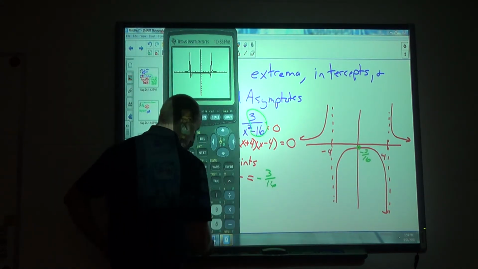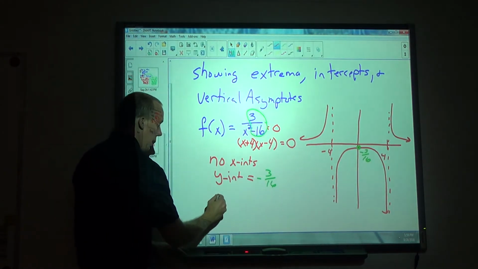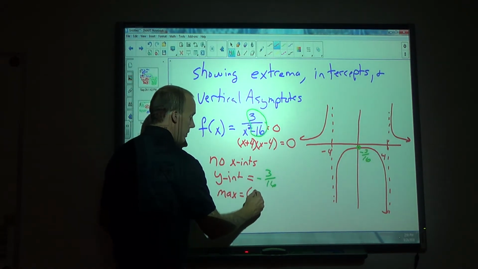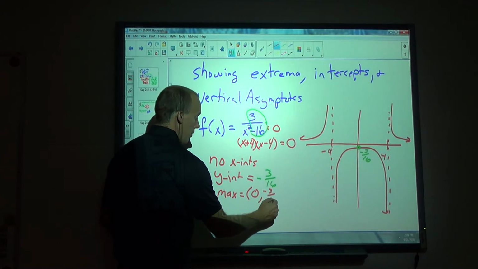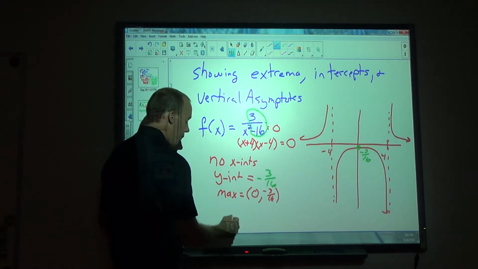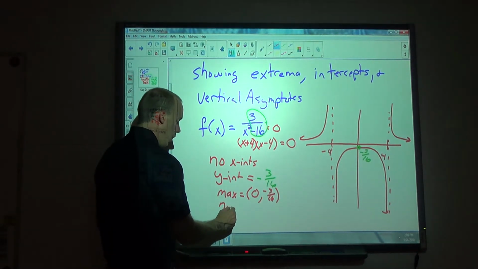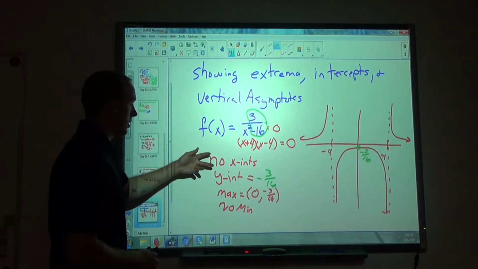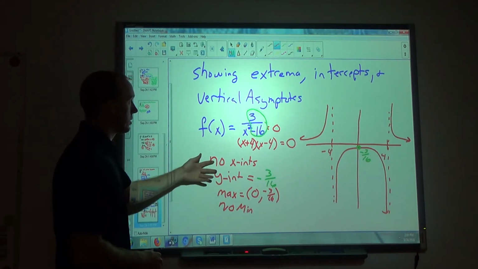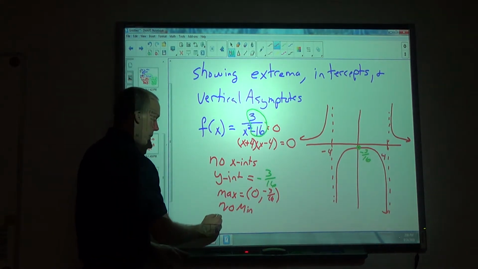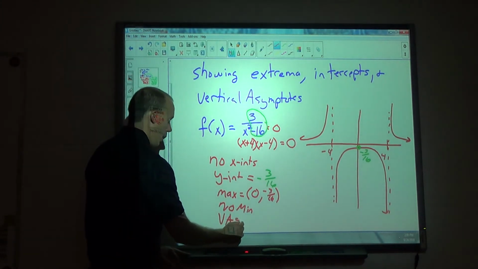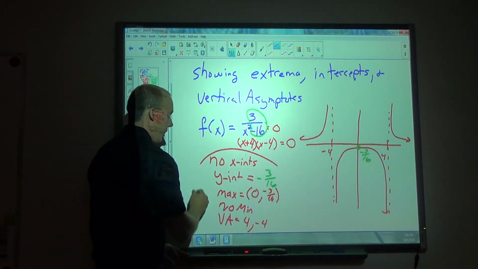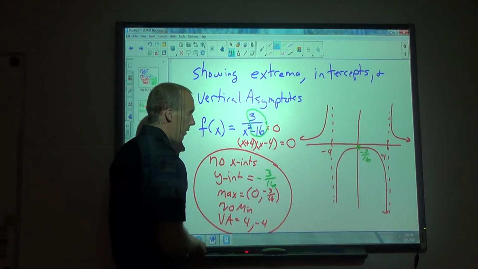Okay, so then the max would be at 0 comma -3/16. There is no minimum. So I got the extremas, which are the max and the mins, the intercepts, and what are my vertical asymptotes? VA. 4 and -4. So that's everything that you need for that.